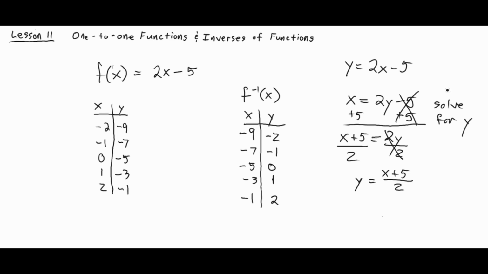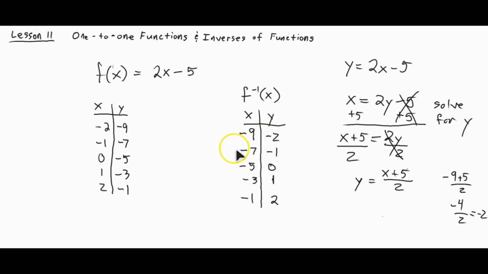Now let's find out if this is indeed working. If I plug in negative 9 for x, negative 9 plus 5 is negative 4, over 2 is negative 2, and sure enough, we get negative 2.